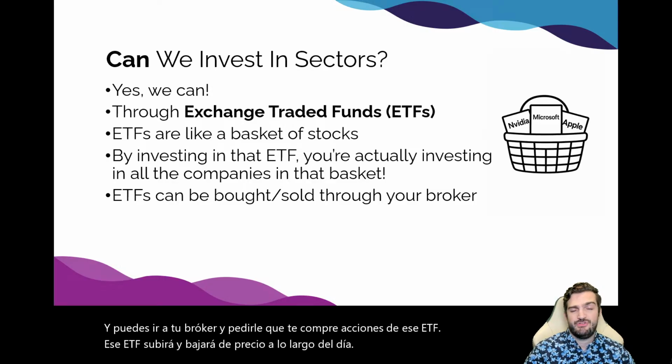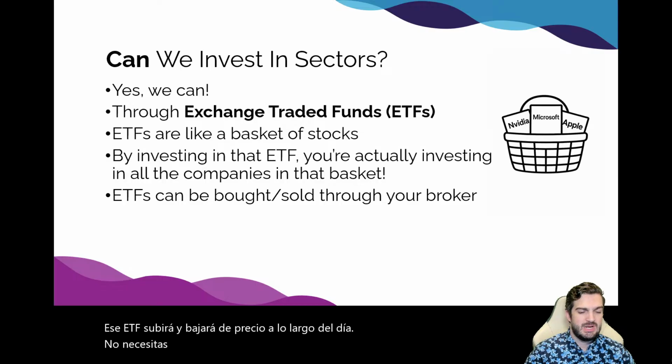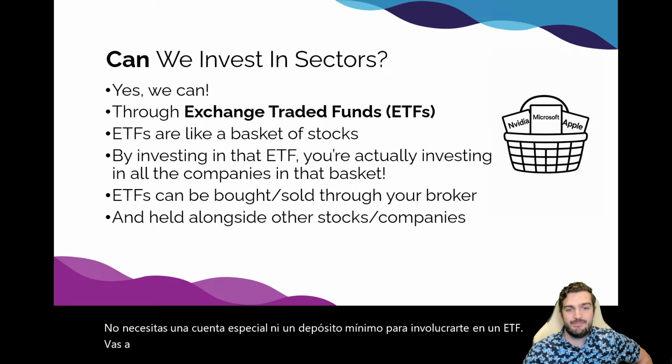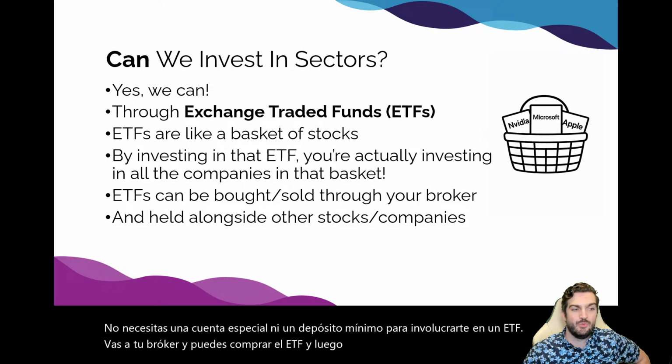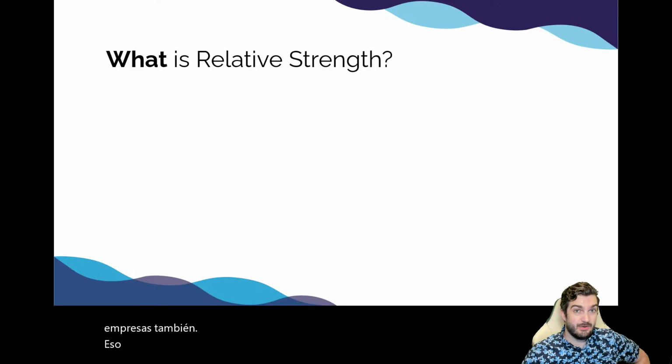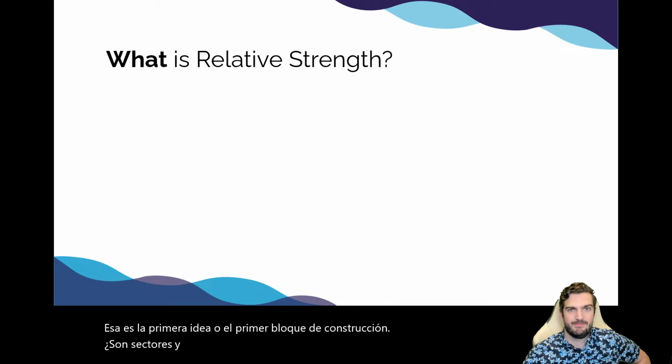You don't need a special account, or you don't need a minimum deposit to get involved with an ETF. You go to your broker and you can buy the ETF and then hold it alongside other stocks and companies as well. That is the first idea, or the first building block: sectors and ETFs.